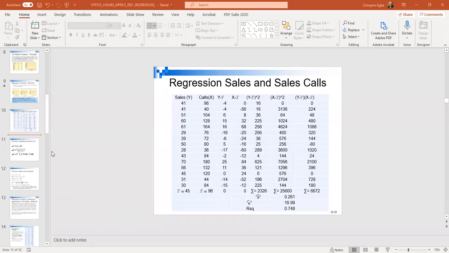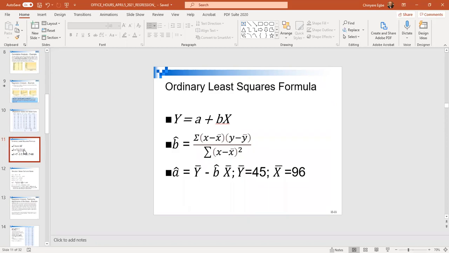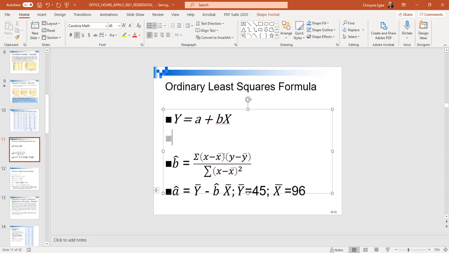Let's hope we're right. Okay, so this is where we were. We said that B is summation x minus x bar times y minus y bar. So let us write down those numbers that we had. We copied them down.